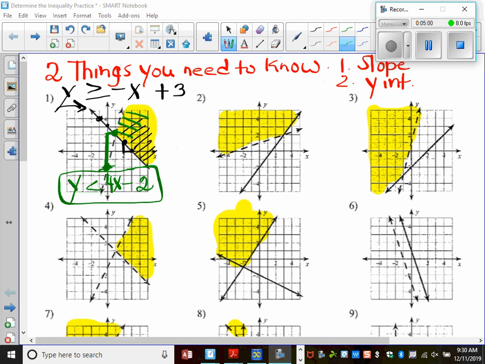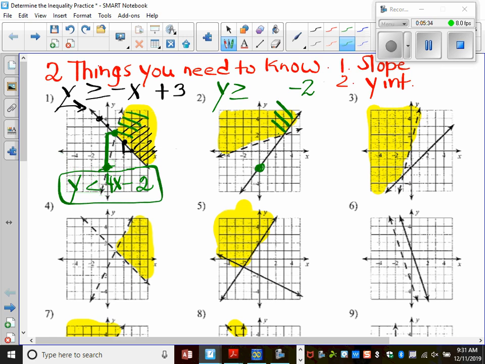So in question number 2, let's start with the solid line. It doesn't matter if I just choose one to start with. I can tell that this is crossing the y-axis at what number? Okay, at -2. So I'm going to have y, and then I'm going to put -2 over here because that's my y-intercept. This line is shaded above, right? So what symbol is that since it's a solid above? Greater, equal. Okay, so the only thing left is to find the what?